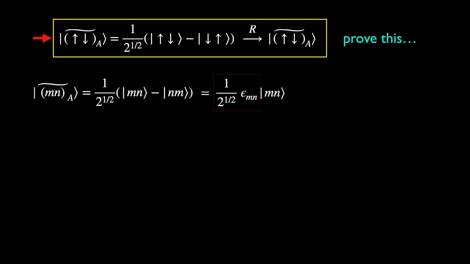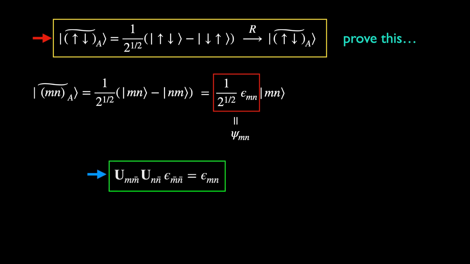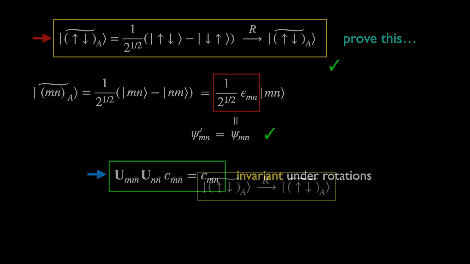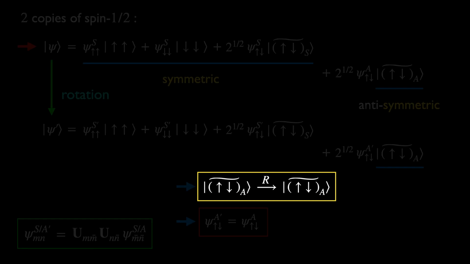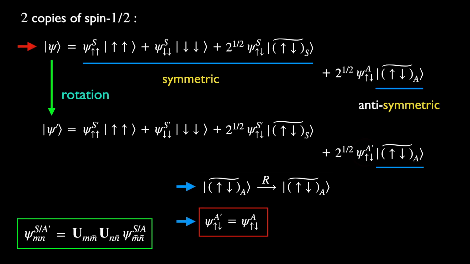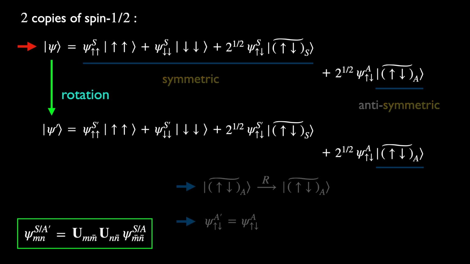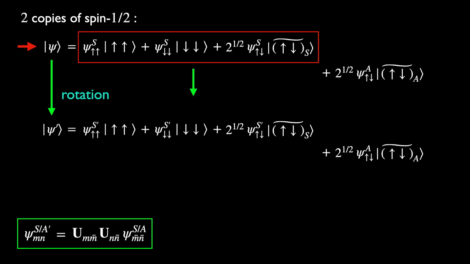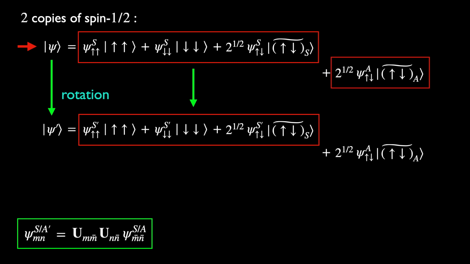This is just a tensor attached to the basis states. But since the epsilon symbol is invariant under rotations, so is our state. Thus the symmetric part rotates into the symmetric part, while the anti-symmetric part is invariant.